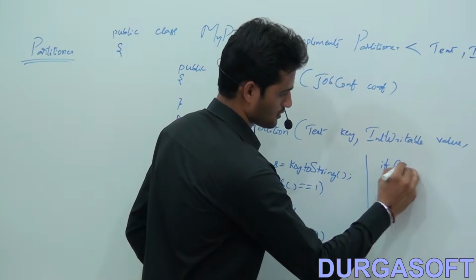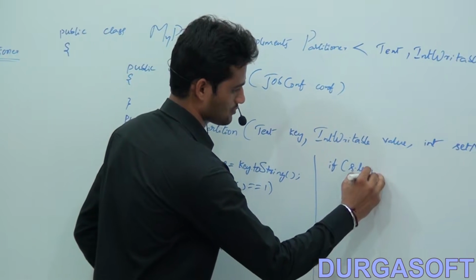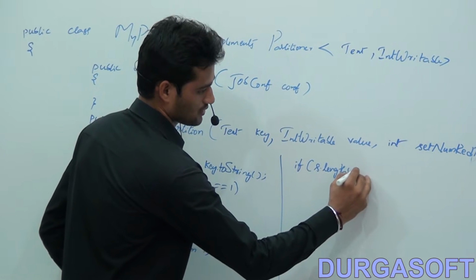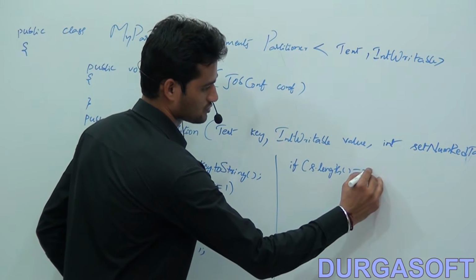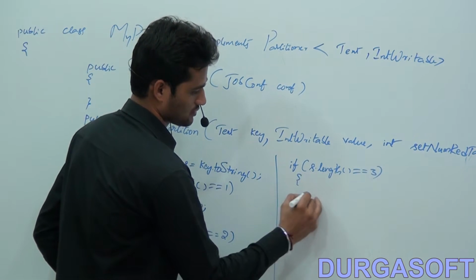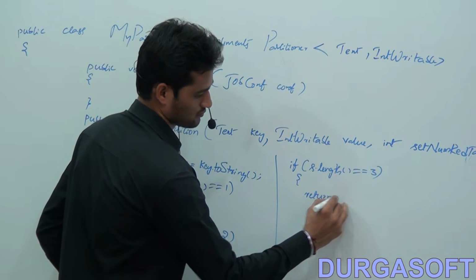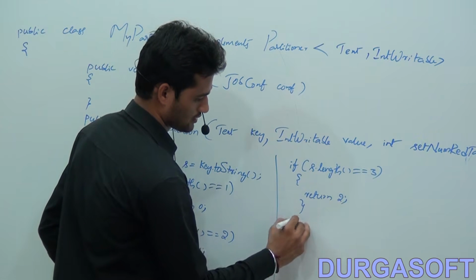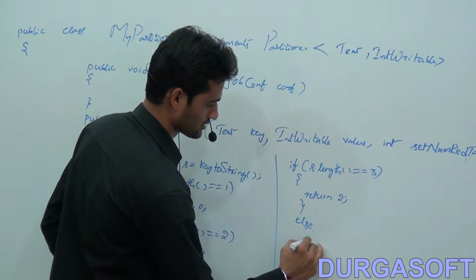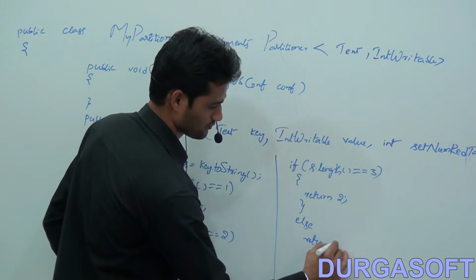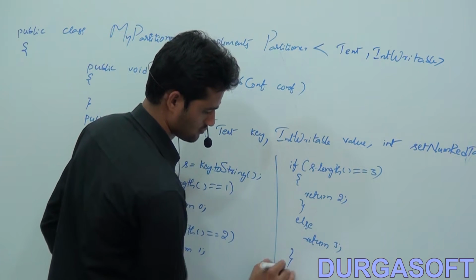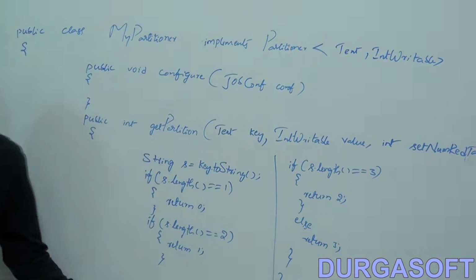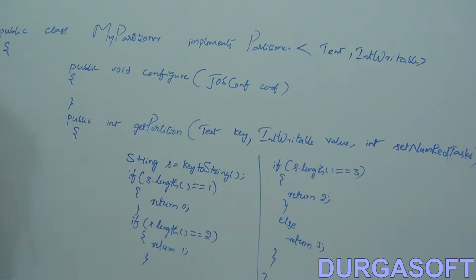If s dot length is equal to 3, then return 2, else return 3. That's it. Else return 3.